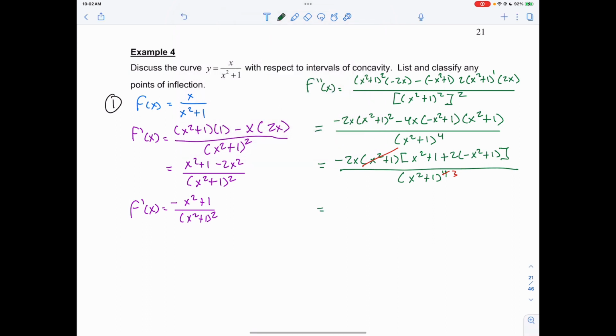Going to keep going. And I have negative 2x and x squared plus 1 minus 2x squared plus 2, all over x squared plus 1 to the power of 3.